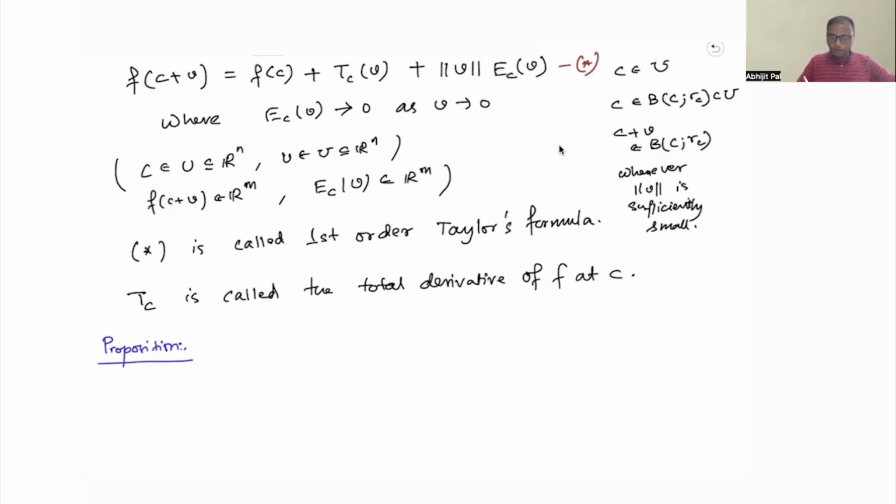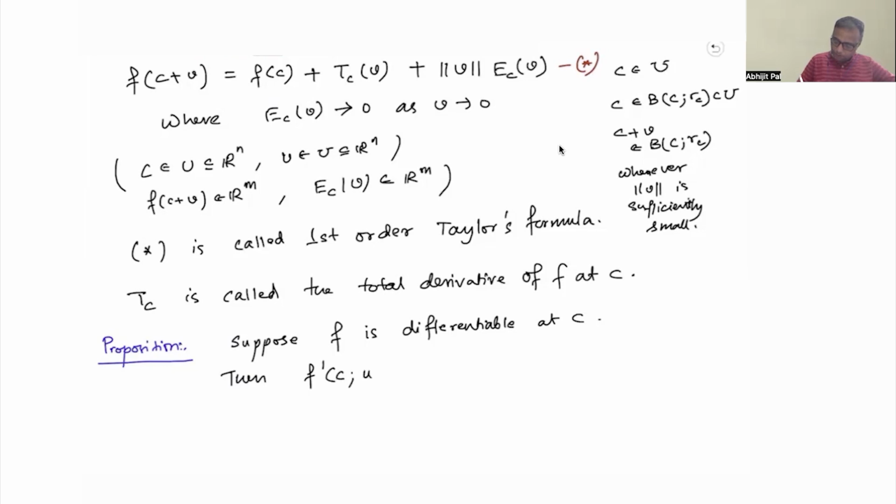So suppose f is differentiable at c. Then the directional derivative will exist and it will be equal to the total derivative.